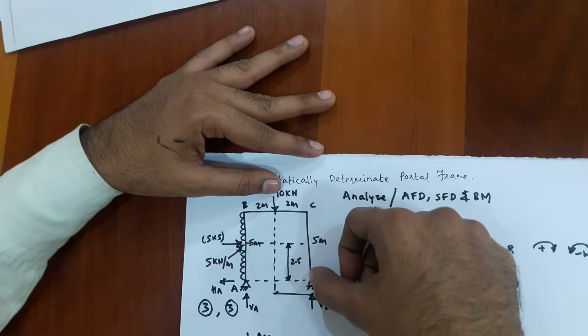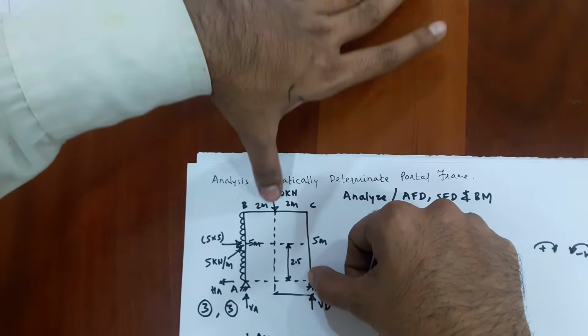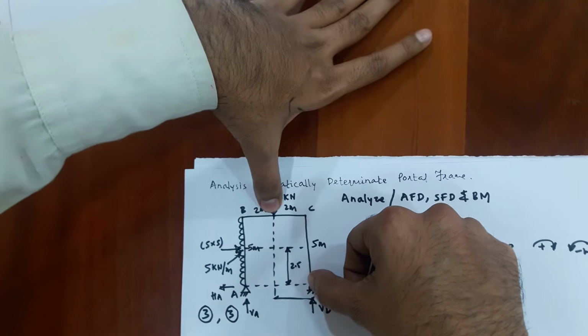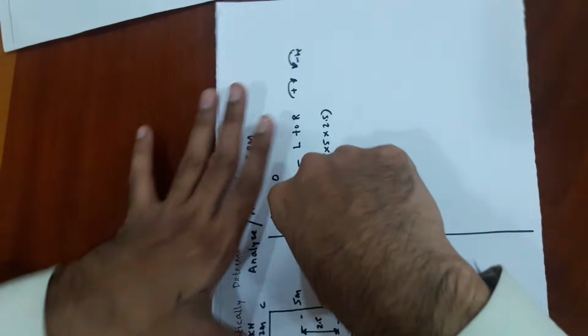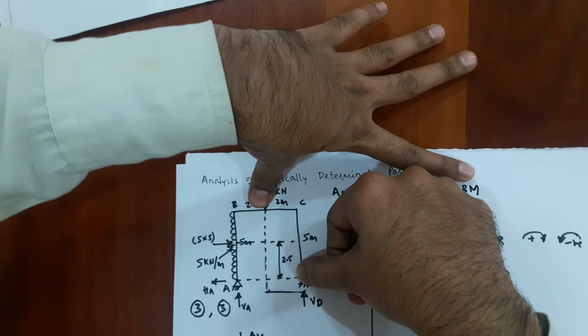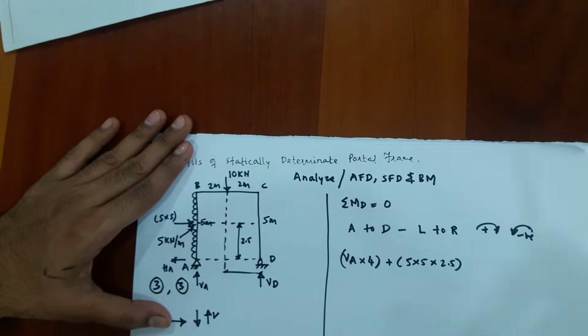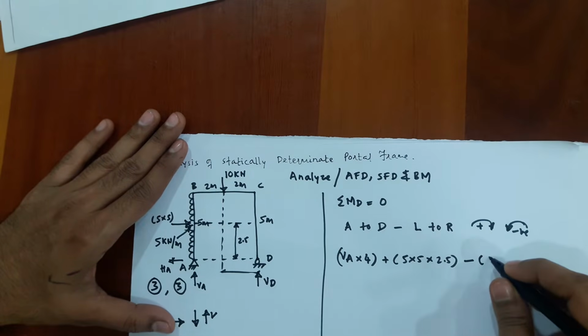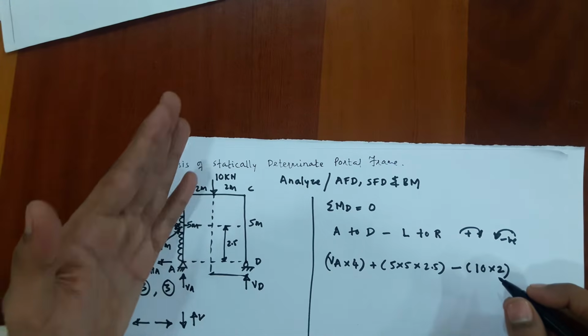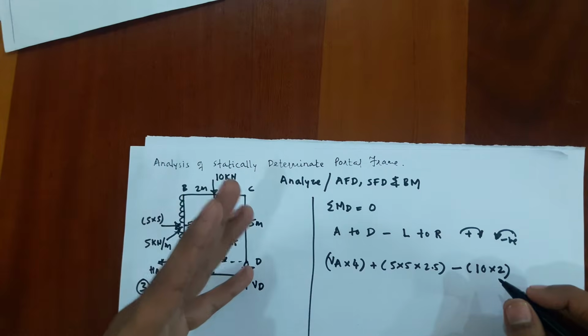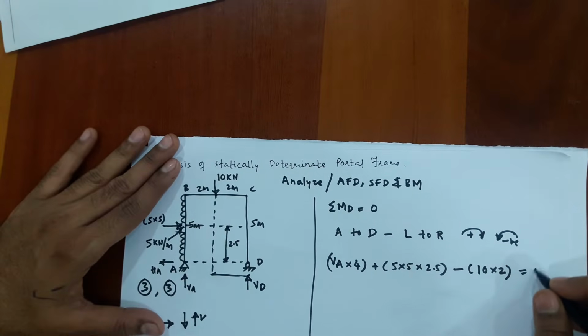Make this point fixed, and this load is acting downward. If you apply force like this, it will rotate in anti-clockwise direction. So here we have to take minus 10 into 2. Then you do not have any load up to D, equal to 0.